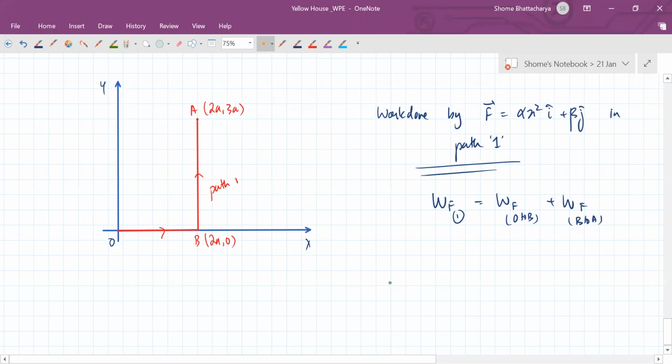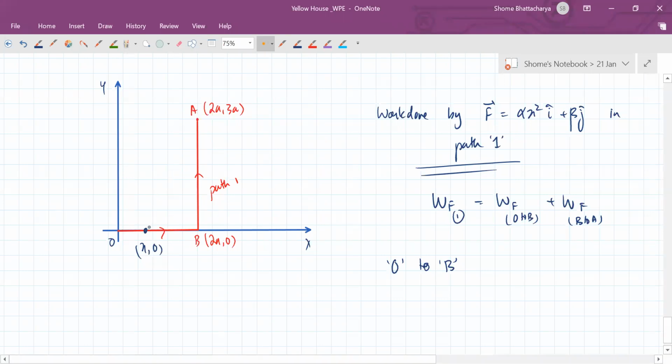Now, O to B: when the particle is moving at any point like this, it has some x coordinate.